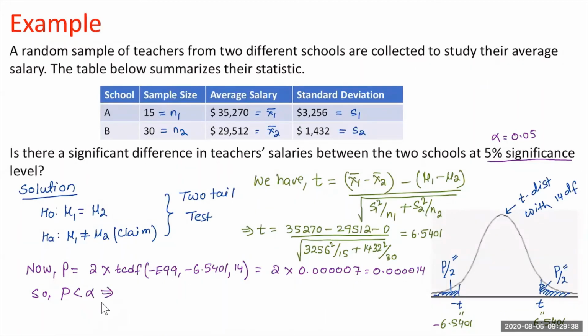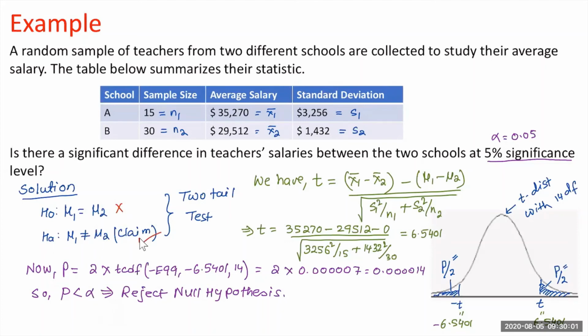Meaning we reject this, we support this. So we reject the null hypothesis and we support the alternate hypothesis.